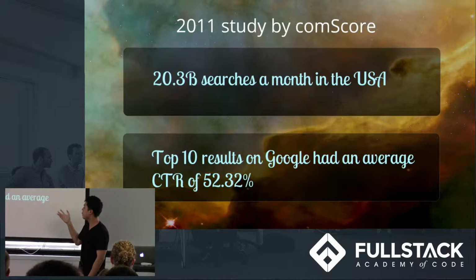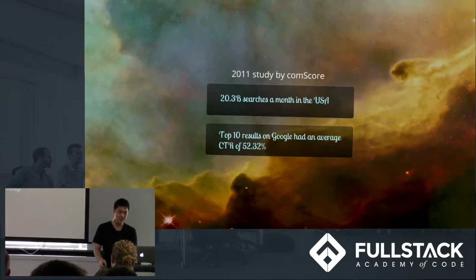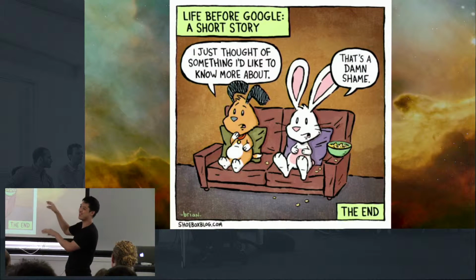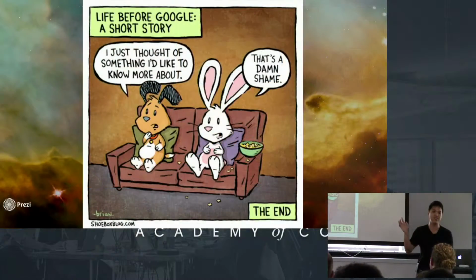So obviously you want a higher click-through rate. And this implies that the higher your ranking is on Google's results, the more likely you are to be clicked. I put this infographic here to demonstrate how critical it is to Google in this day and age. People are going to be Googling, and let's make sure that your stuff shows up there.